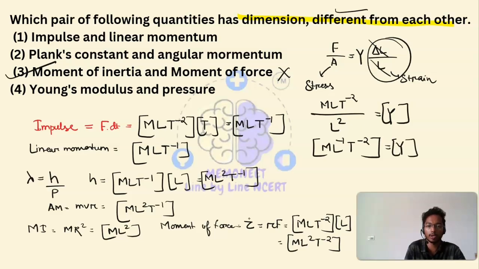For pressure we can write F upon A, the same as this. So we have different dimensions for the moment of inertia and moment of force. That is option 3 will be our correct answer.